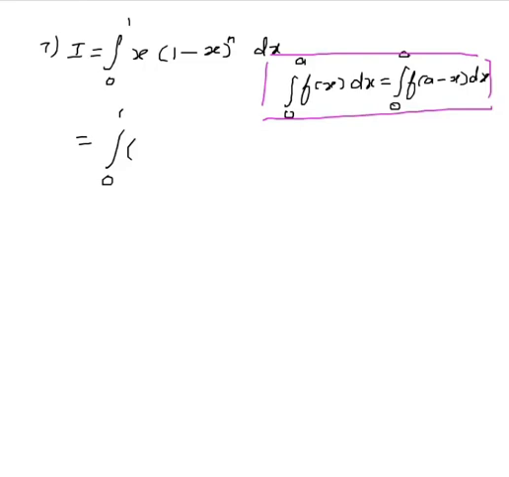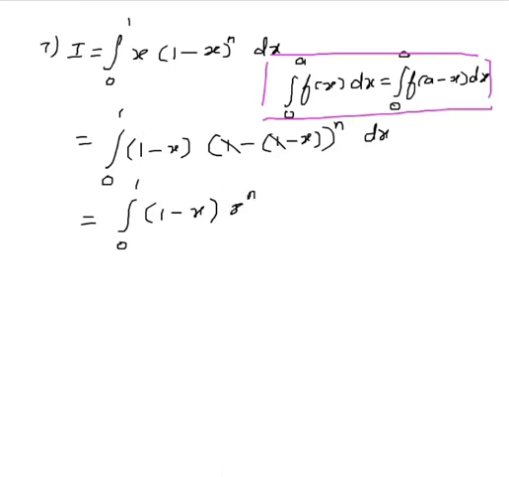So, wherever we have x, replace it by 1 minus x. 1 minus of 1 minus x raised to n dx. Let us simplify the function and write integral 0 to 1 of 1 minus x times x power n dx. Now we can distribute and write integral 0 to 1 of x raised to n minus x raised to n plus 1 dx.